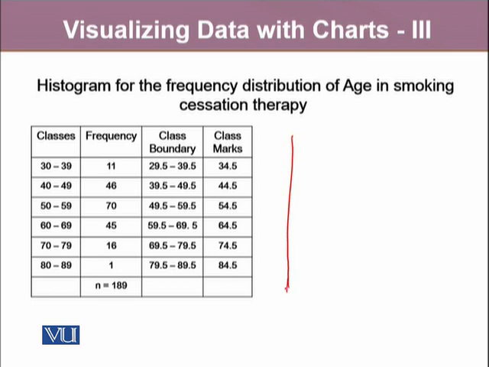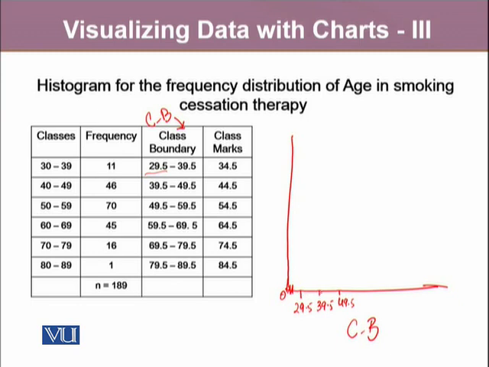For the construction of a histogram, on the x-axis, we do need class boundaries, denoted by CB. We start with the minimum class boundary, which is 29.5. Though this is 0, we'll start at 29.5 and it goes on to 39.5, and it goes on to 49.5.